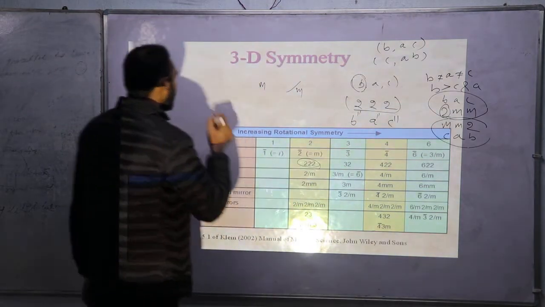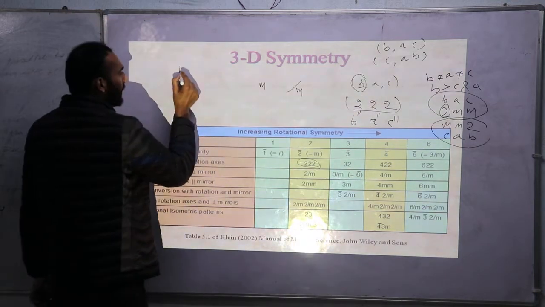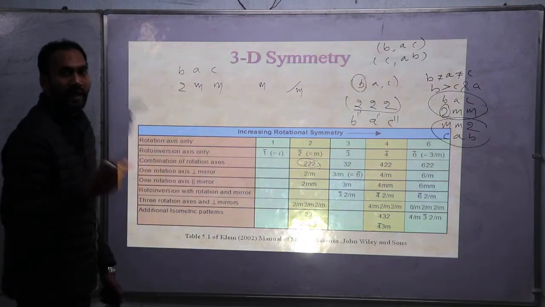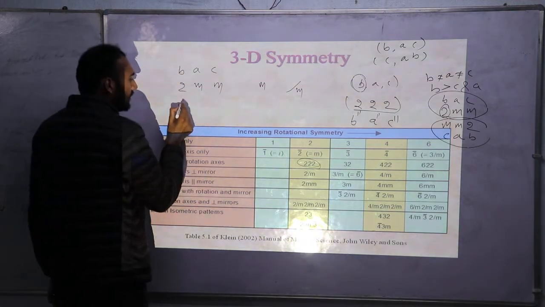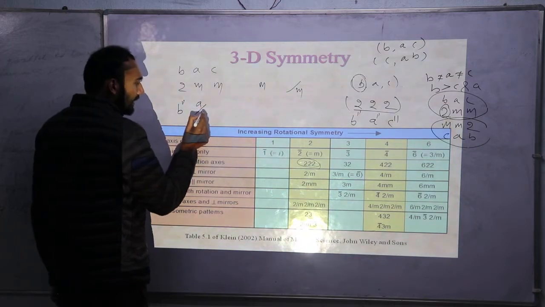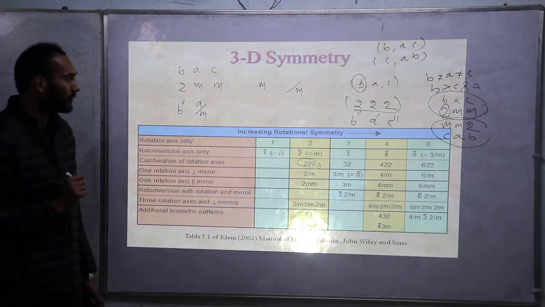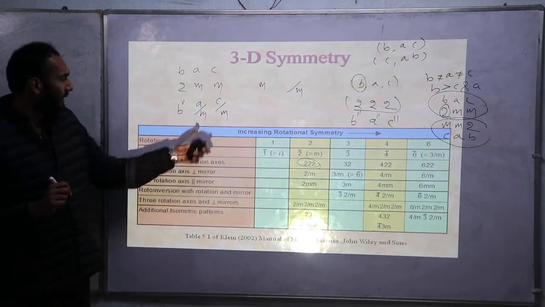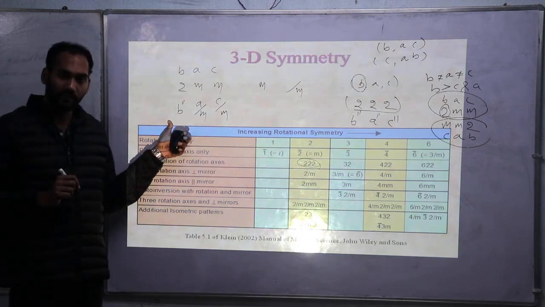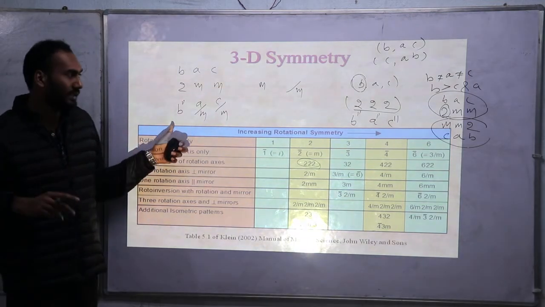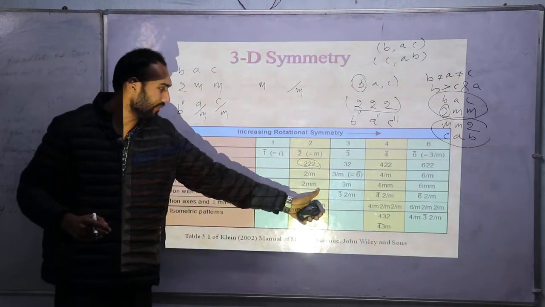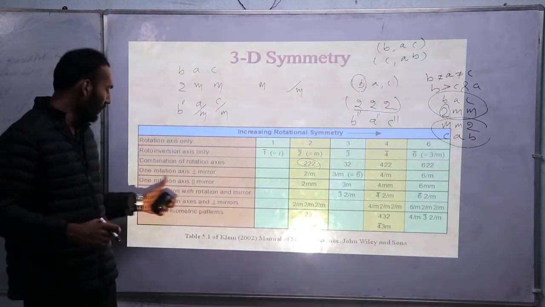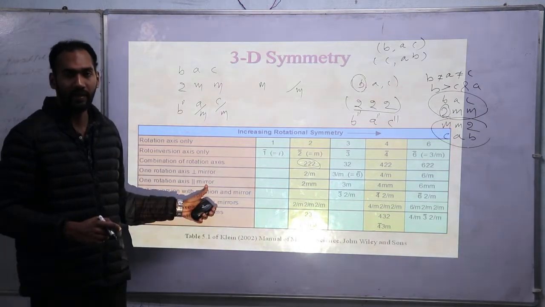If I write 2mm in BAC, that means B is twofold, there is a mirror perpendicular to A and a mirror perpendicular to C. These mirror planes are parallel to B. People say that for 2mm it is one rotation axis and a parallel mirror.